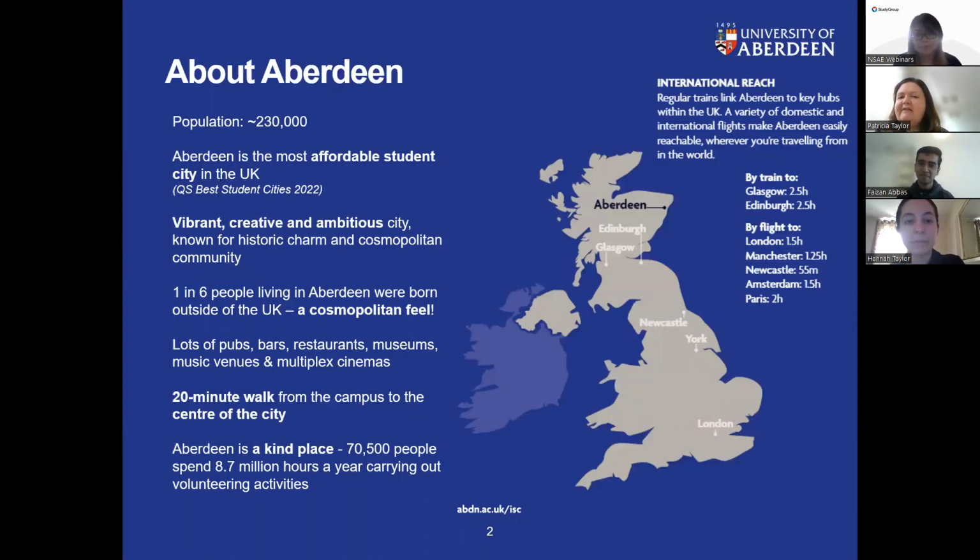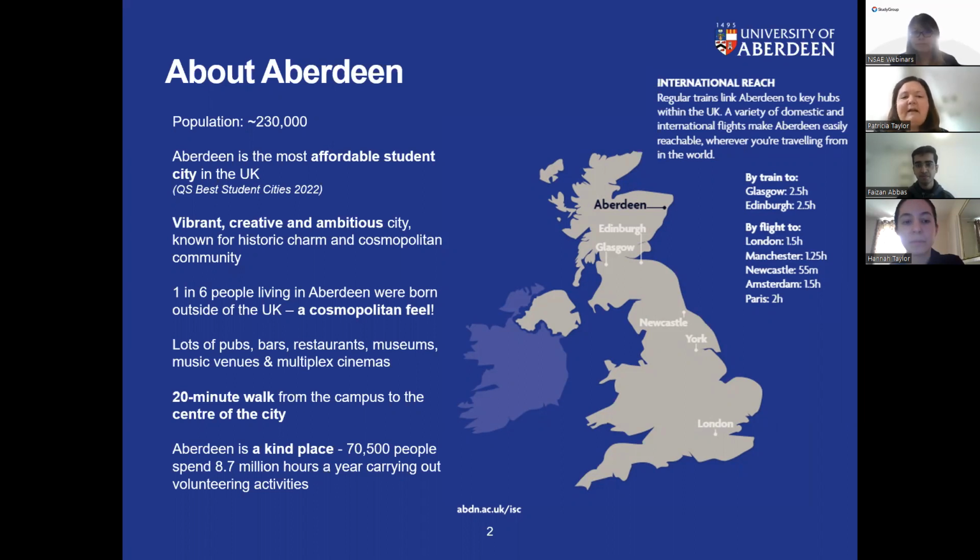Aberdeen is in the northeast of Scotland. It's a beautiful city. It's quite a small city, and we've recently been named as one of the most affordable student cities in the UK. That goes with accommodation costs and cost of living, etc. It is a reasonable place to live at the moment.